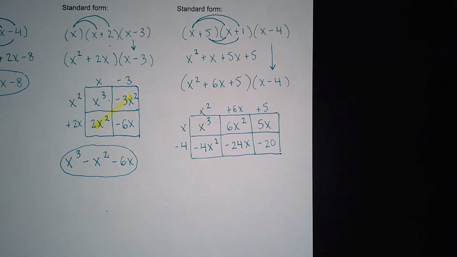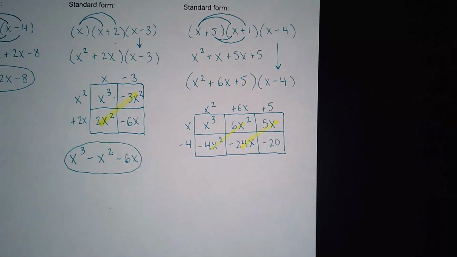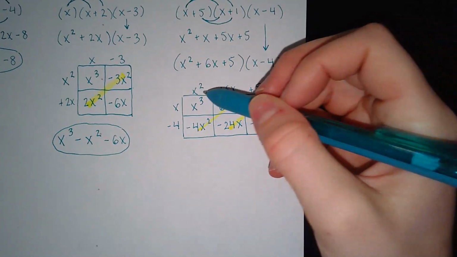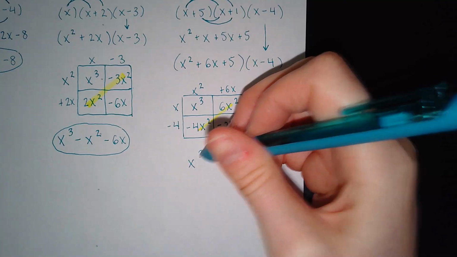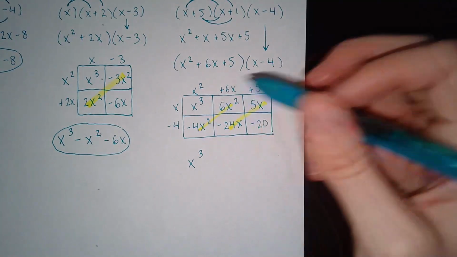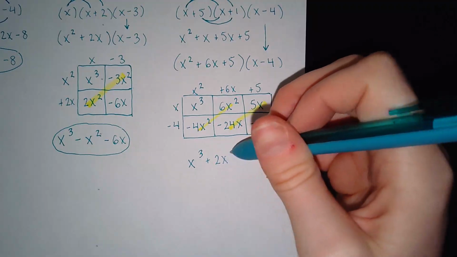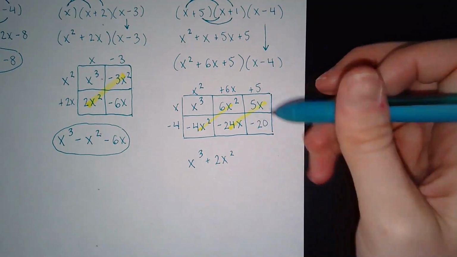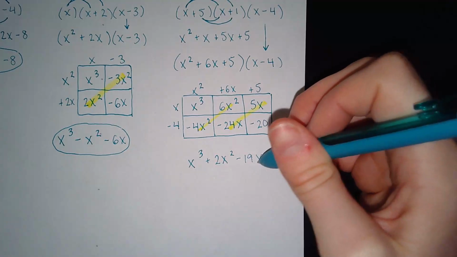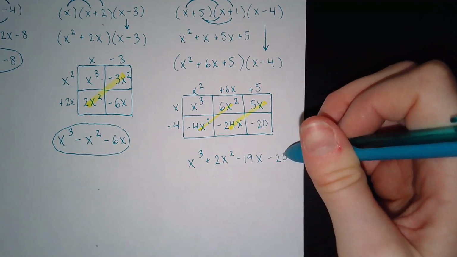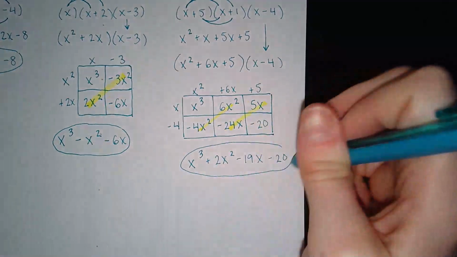As we take out of the box, we'll write in standard form and combine like terms. Standard form will start with x cubed. Negative 4 plus 6 would be 2x squared. Negative 24 plus 5 would be negative 19x, and then minus 20. And that would be my polynomial in standard form.